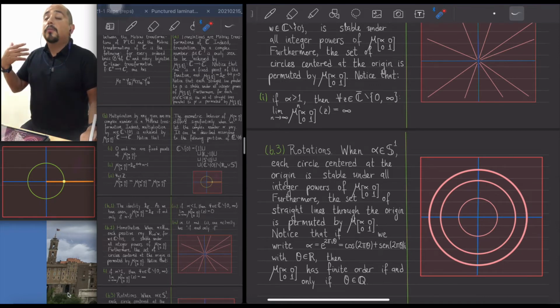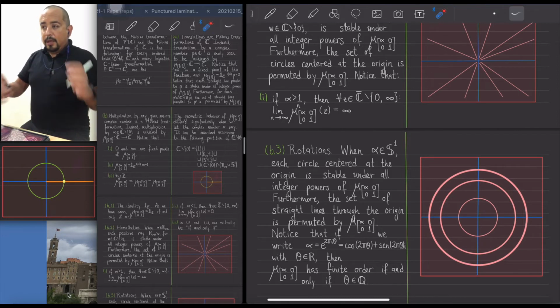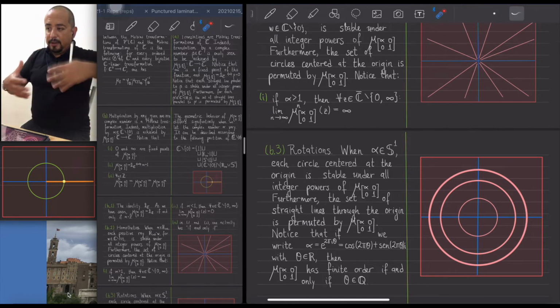Or to be a bit more pedantic, how about some family of curves that partition C bar minus the fixed points, which are 0 and infinity, and where the Möbius transformation acts by permuting the curves in the family?